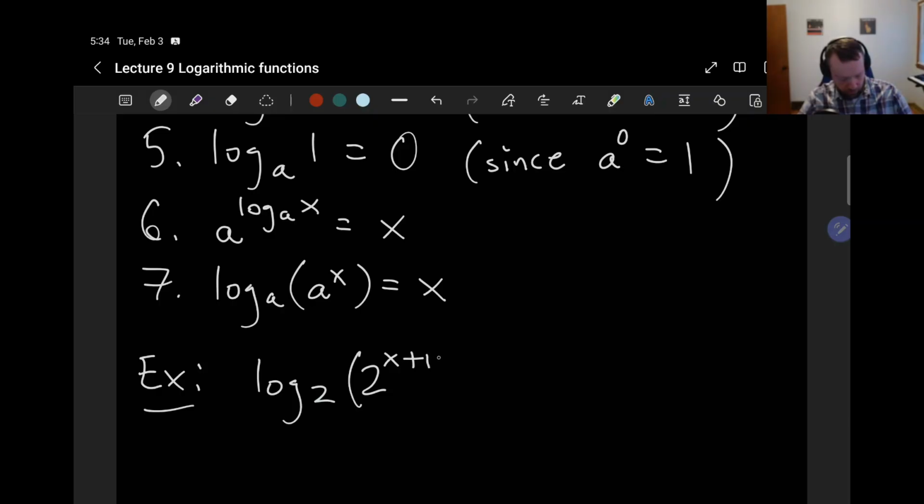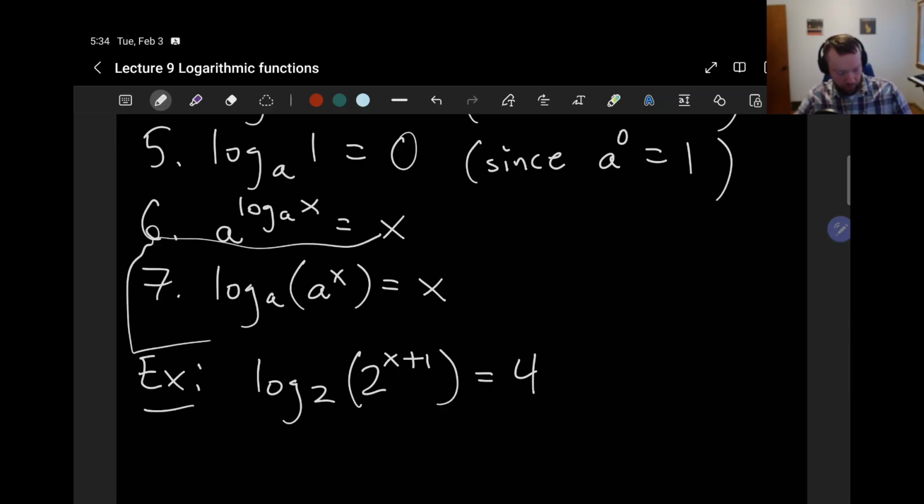Log base 2 of 2 to the x plus 1 equals 4. Well, if this were the plain old 2 to the x, that is the inverse function of log base 2. So these have a special relationship with one another.